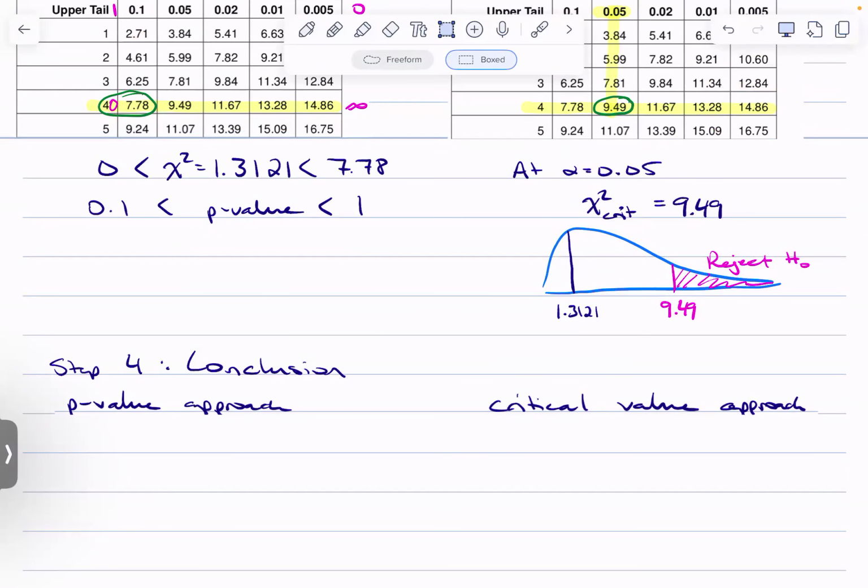That is a finding as well, right? Because we're just arbitrarily picking 0.05, right?